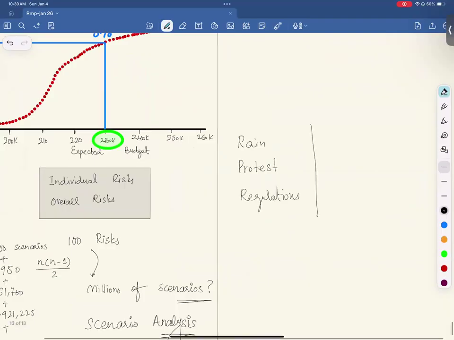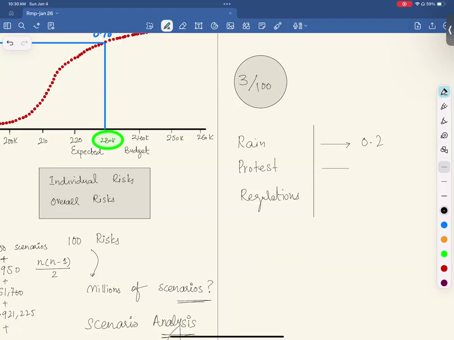So these are 3 risks. Let's say we are discussing a scenario where 3 out of 100 risks are occurred. It will see what's the probability of rain based on current data and previous data. So let's say probability is 0.2. What's the probability of protest? Let's say 0.1.